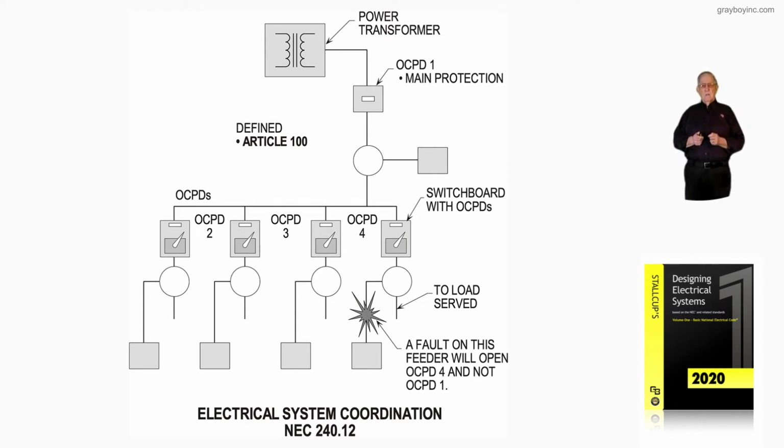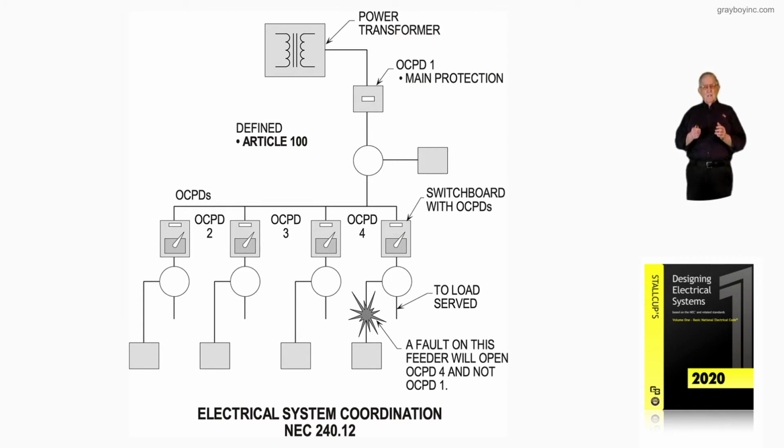Now notice we have a ground fault at the equipment that's protected by the overcurrent protection device number 4. Now when that fault develops there, we should trip that overcurrent protection device marked 4, not the one upstream that is marked overcurrent protection device number 1.